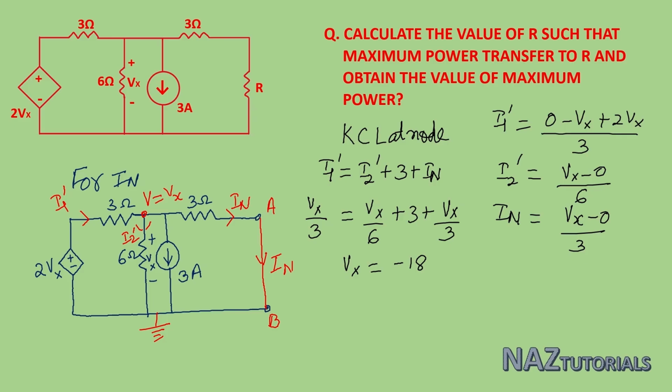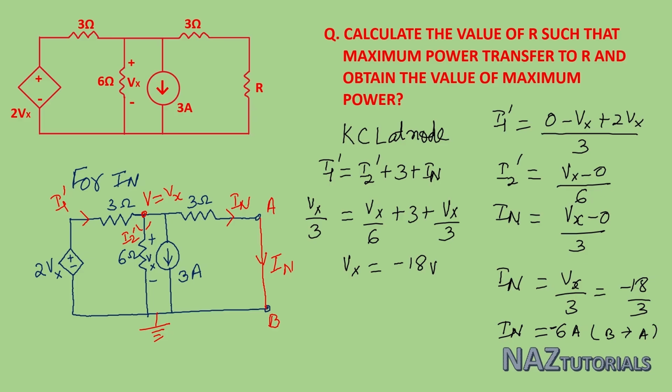Calculated Vx is minus 18 volt, and calculate the value of IN. IN is Vx by 3, so its value is minus 18 by 3. So the calculated value of IN is minus 6 ampere. Minus 6 ampere indicates the current will flow from B to A.